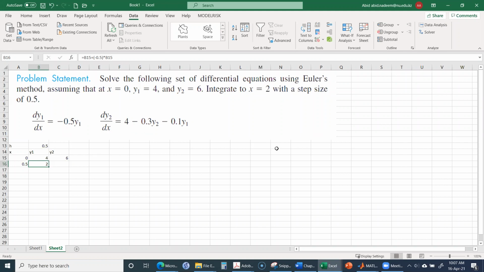We have to multiply by h as well, because this represents minus 0.5 y1, which is f of x, y, and then this has to be multiplied by h.